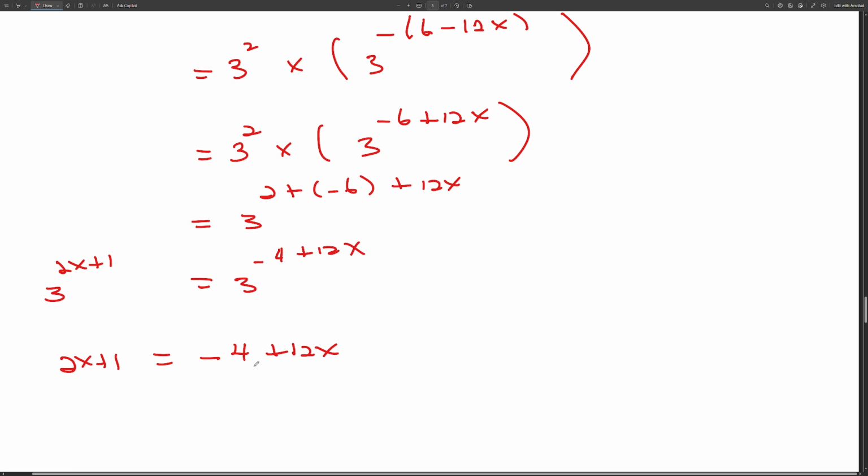However you choose to do it, I can leave my negative 4 on this side and bring the constants on this side and do the same for the x's. So take this 12x and bring it on this side, becomes negative 12x. Leave my negative 4 here and take this positive 1 and bring it on this side, becomes negative 1.